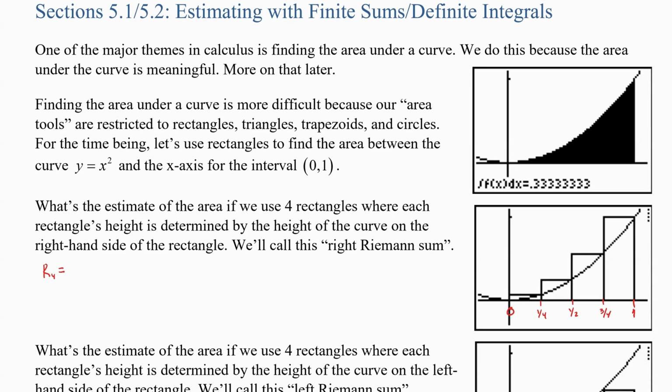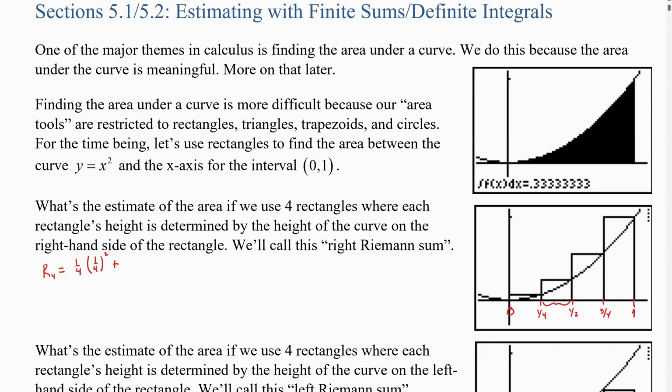If we look at that first rectangle, it is 1/4 wide. And how tall is it? Well, I'm determining the height of that rectangle by the height of the curve at the right-hand side of that subinterval, and there we're at x equals 1/4, and the curve is x squared, so 1/4 squared. Let's go to the second rectangle.